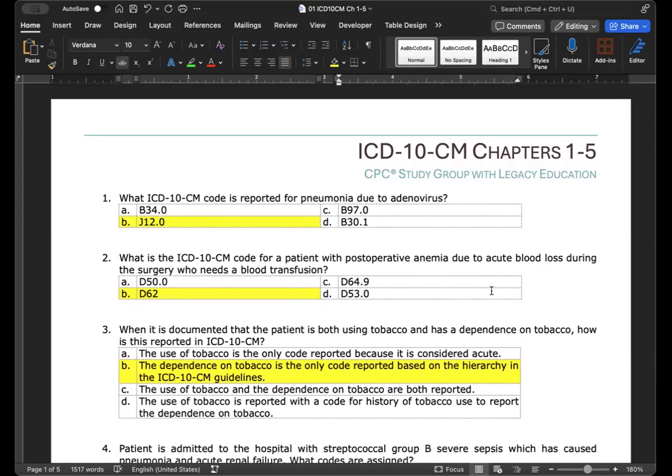Do they use a lot of abbreviations in the exam? Abbreviations, probably not. Acronyms, you might see a few, but it's not going to be super heavy.